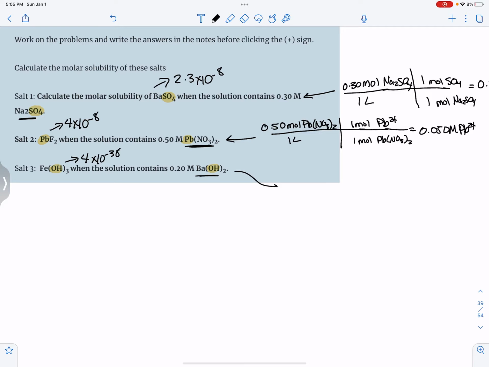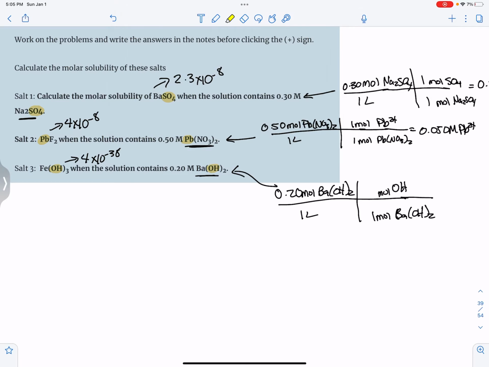And then finally for this one, my OHs, I have 0.20 moles of Ba(OH)2 in 1 liter. And in 1 mole of Ba(OH)2, I have how many moles of OH? 2. So this one is not the same. So this one is 0.40 molarity of OH minus.